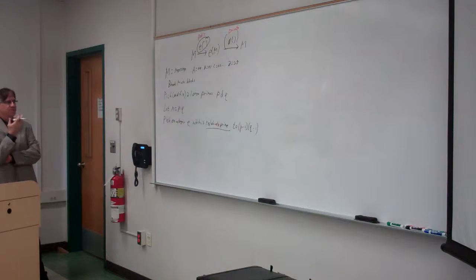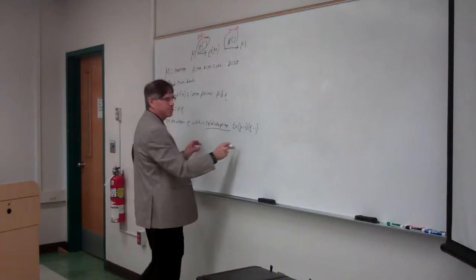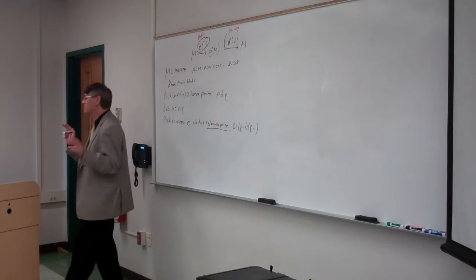Almost any number we pick is going to be relatively prime to this product. Two numbers are relatively prime if they have no common factors.